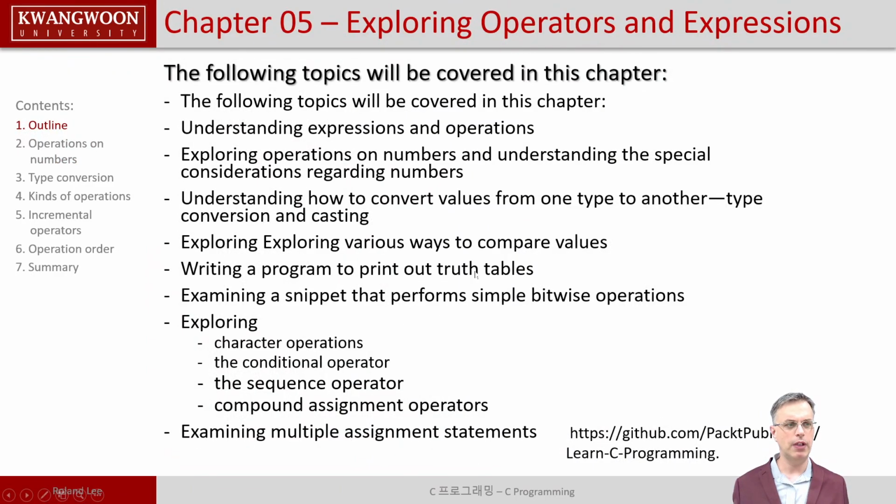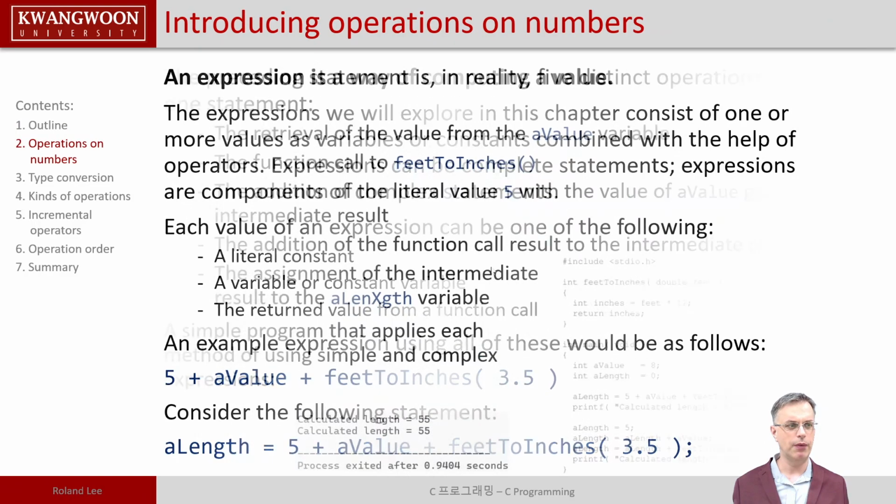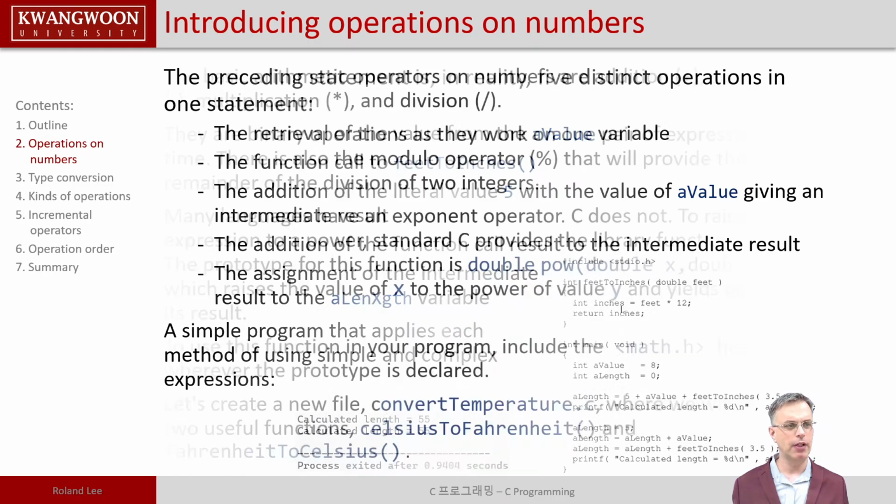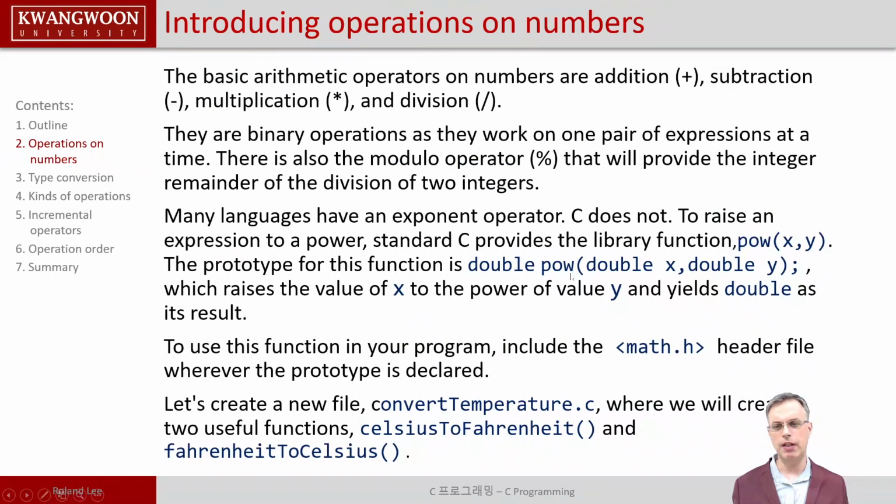So we basically write a few programs. First, what we have done is introducing operations on numbers. So what kind of operations we can do and why we do this. One of them is a little bit complex, the other one is separated into steps, and sometimes this, sometimes the other is a better option.